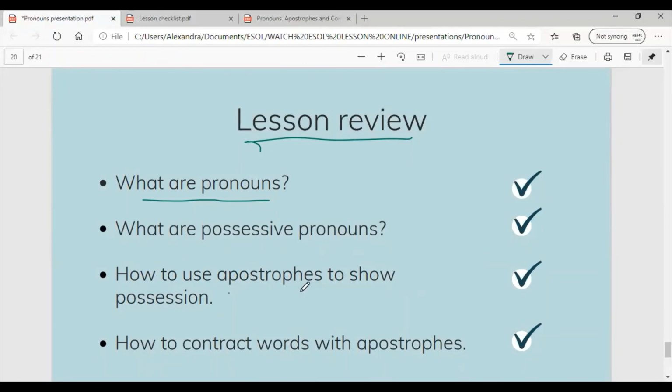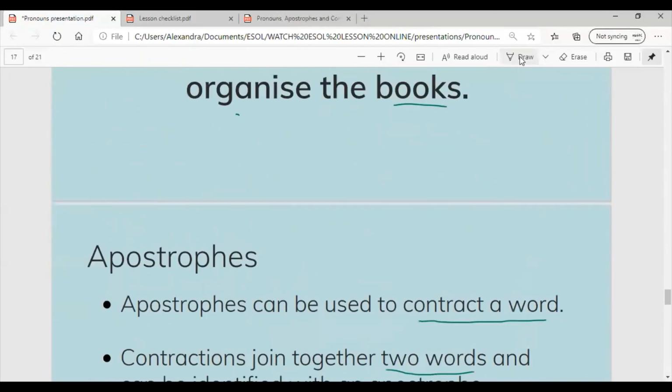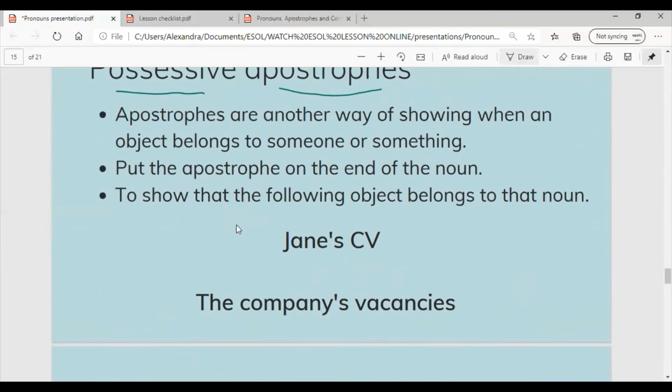And then we've looked at how to use apostrophes to show when something belongs to someone. So remember, we've got Jane's CV. So we know that Jane has a CV and that this CV belongs to Jane because of the apostrophe and the S. The apostrophe and the S, the company's vacancies.